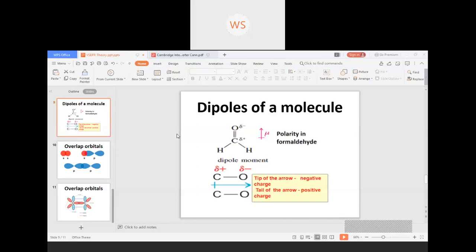Okay. What is the central atom here? Carbon. Exactly. How many lone pairs? Zero.